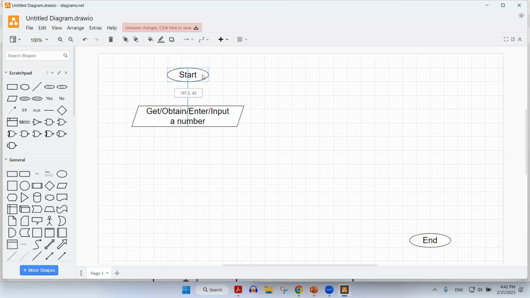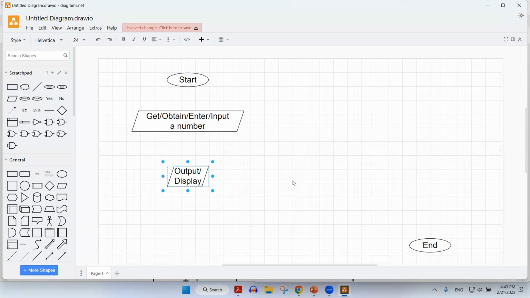And if you are going to output something, you can use the same symbol to indicate the output. When you are saying output, you can use output, display, that kind of words.